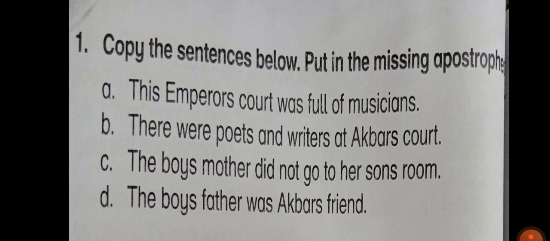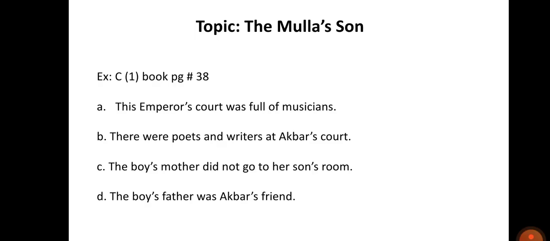Here son's room is also telling us the belongingness. So we add apostrophe s in the boy's mother, and we have to add apostrophe here as well: her son's room.